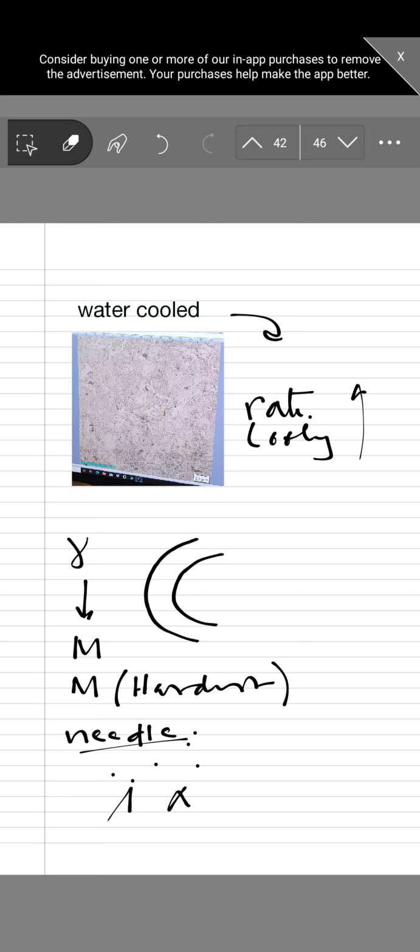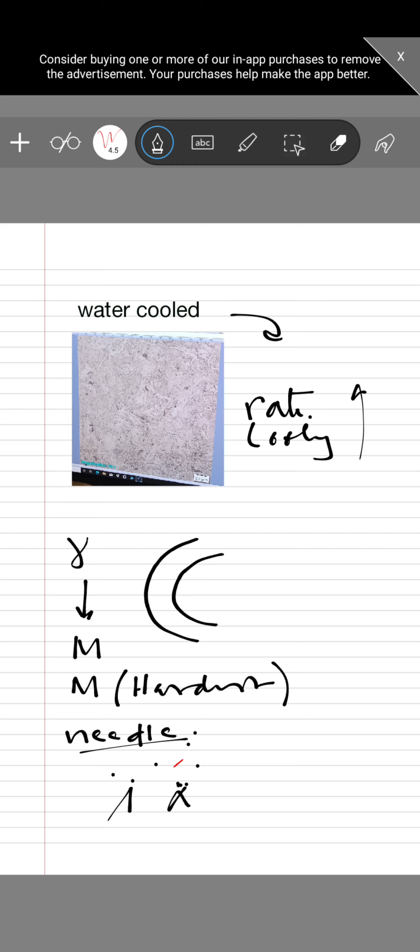This is sometimes not desired, because these sharp needle-shaped tips can cause stress concentration, which can lead to fracture of the whole material.